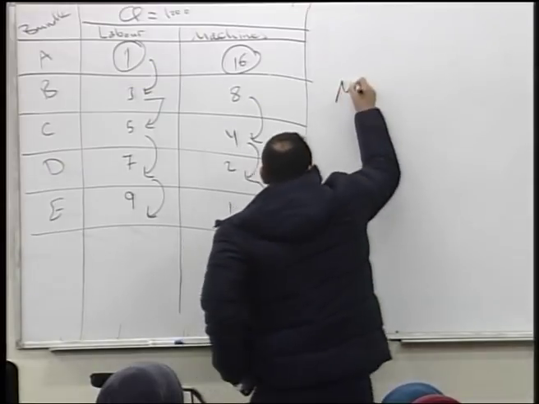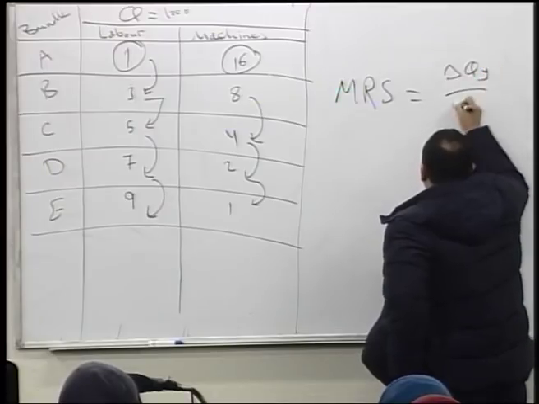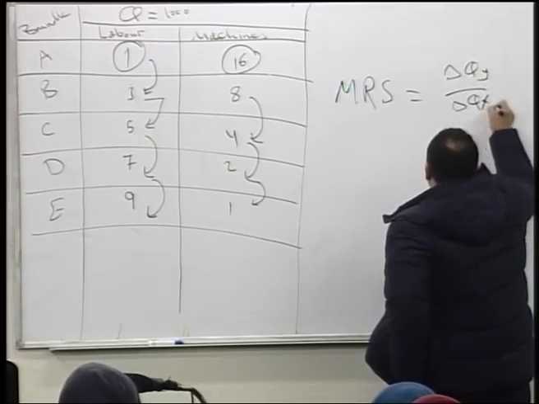The marginal rate of substitution for the consumer was change in the quantity of y over change in the quantity of x, right?